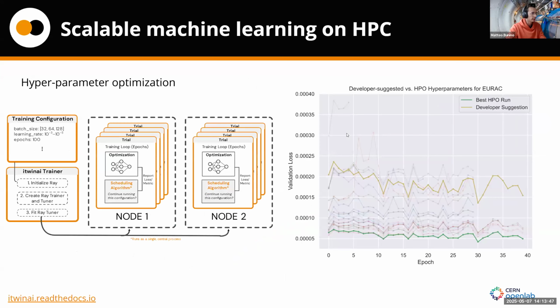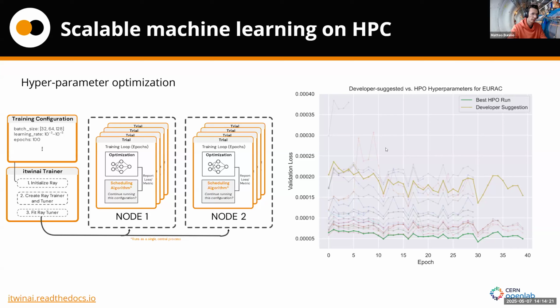Another aspect is distributed hyperparameter optimization. Here you have a schematic of how it would look conceptually. The goal is to exploit in the most efficient way HPC resources to try in parallel as many hyperparameter configurations as possible. On the right-hand side, you can see a plot with different loss values.